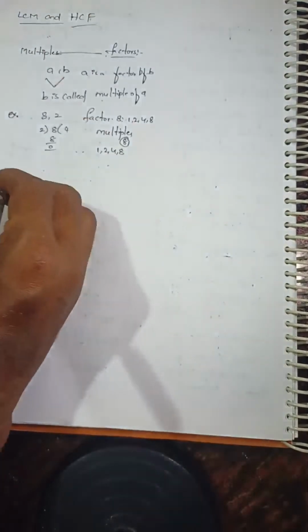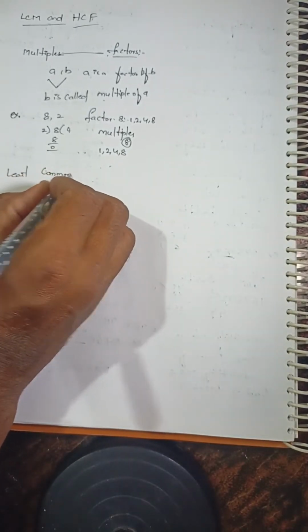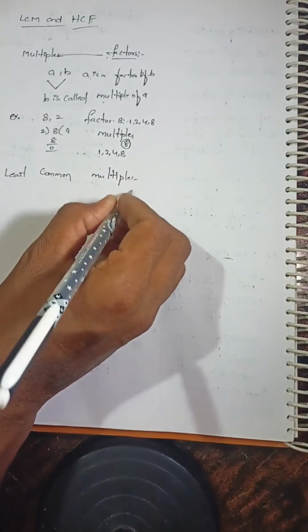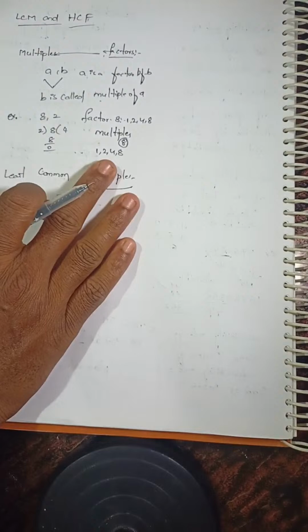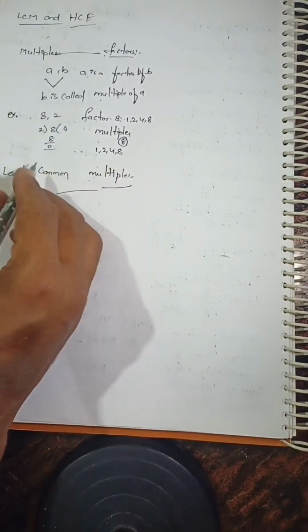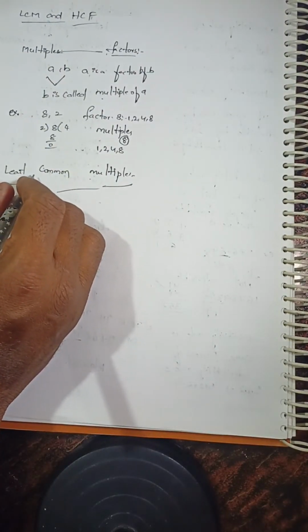These are the numbers we get for the multiples. So what is LCM? LCM is nothing but least common multiple.